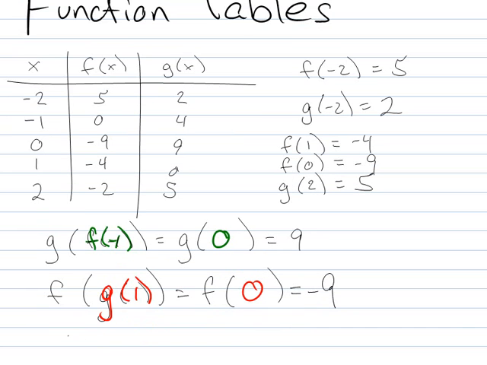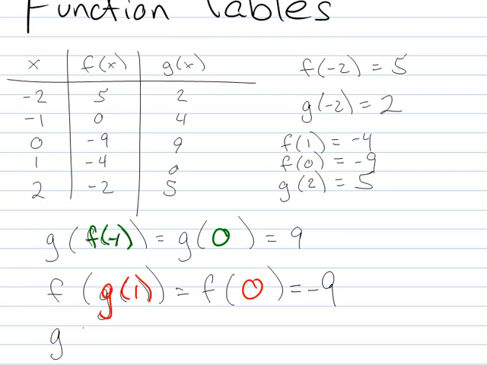Let's try g of g of negative 2. Now this looks a little weird, right? Because I got two g's. Doesn't matter. I'm still going to start from the inside and work out. So on the inside, I've got g of negative 2.